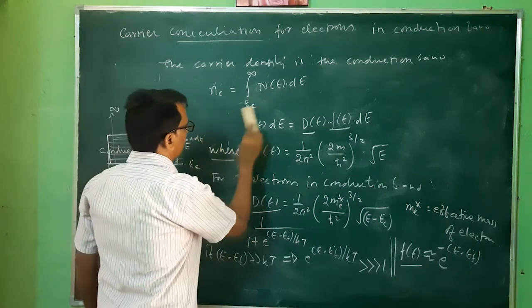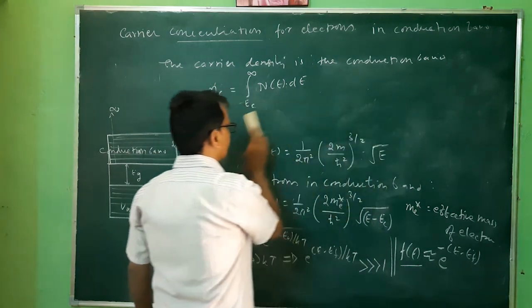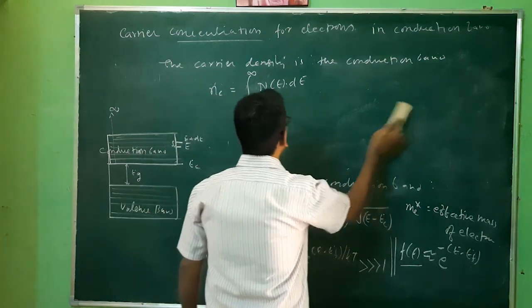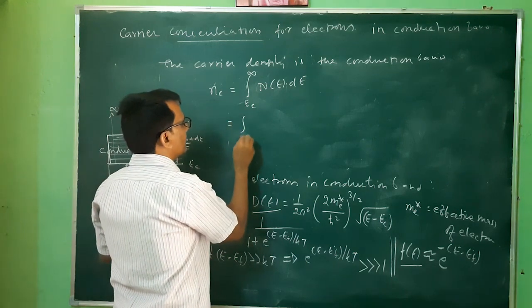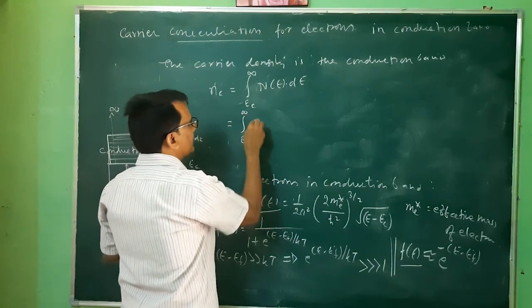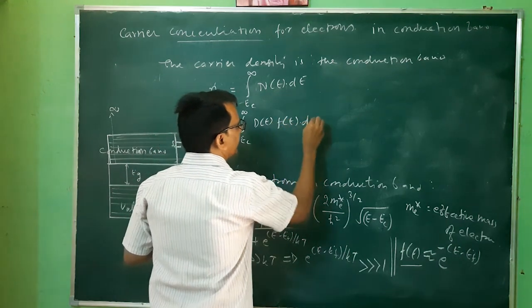Nc is equal to the integral from Ec to infinity of the density of states multiplied by Fe and dE.